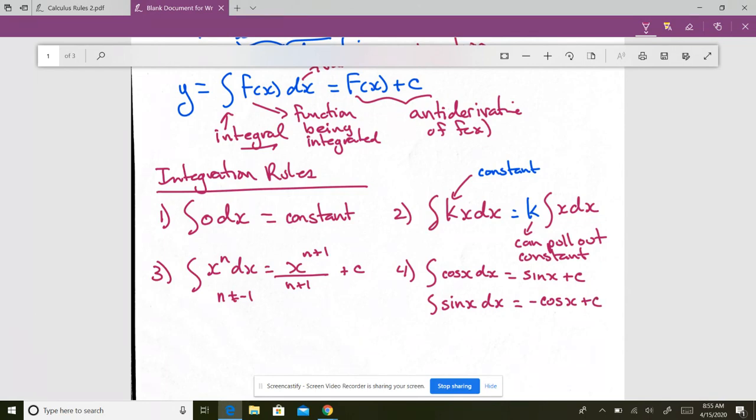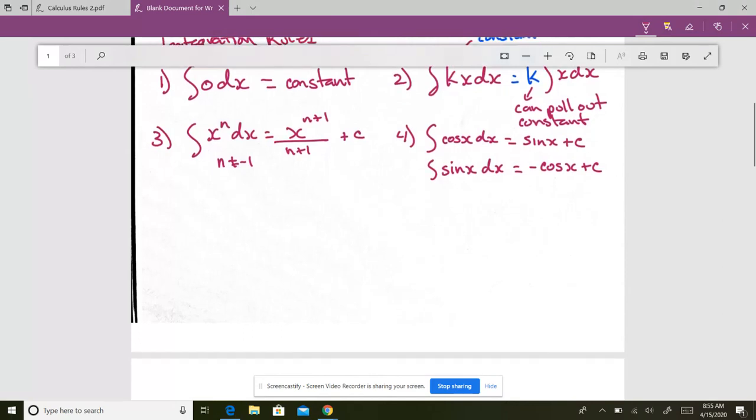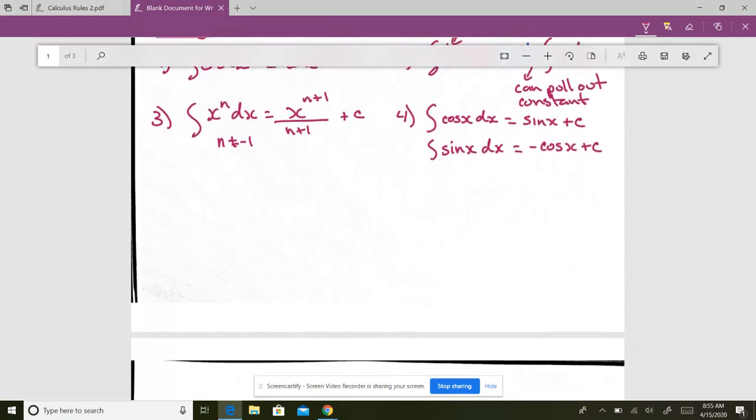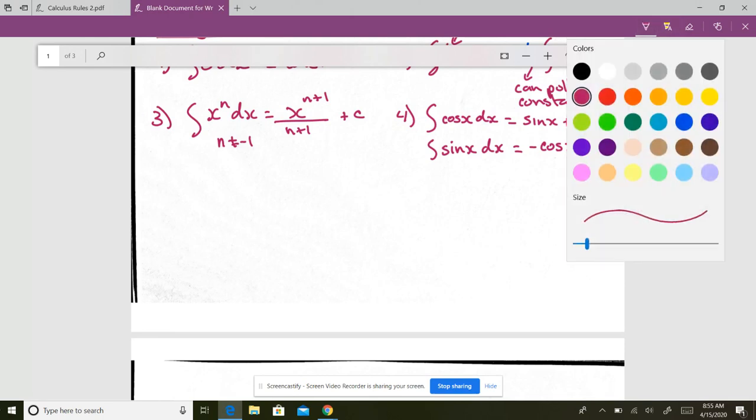I will post the integration rules just like I did with the derivative rules when I post this lesson. Those two are fairly common. You should be familiar with those. And again, when you go to university, you don't get anything. So in this class, you will.